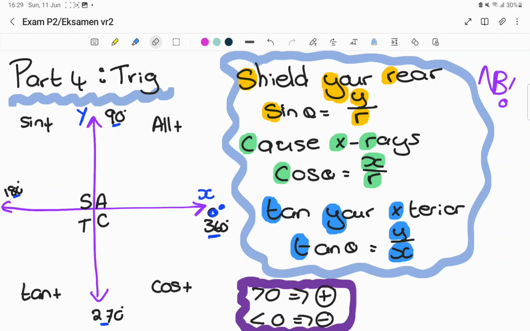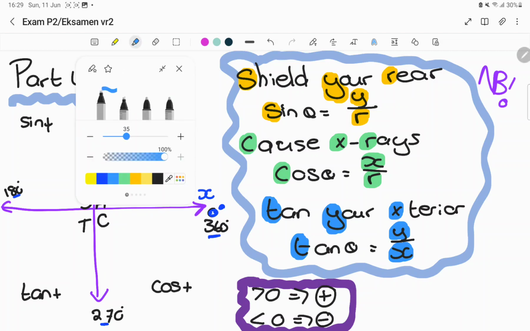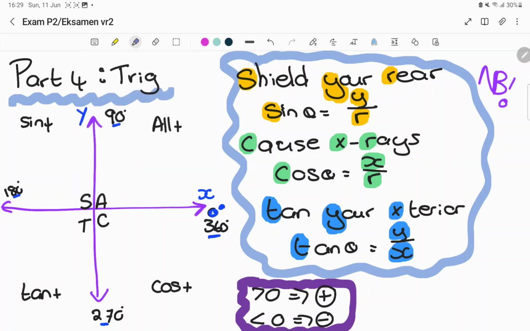Now the next thing you need to know is the CAST diagram, which I wrote down here for you. Alright, so what does it mean? In each quadrant, I have something that is positive and something that is negative. So in my first quadrant, this quadrant here, I have A, which means that all of my identities are positive.